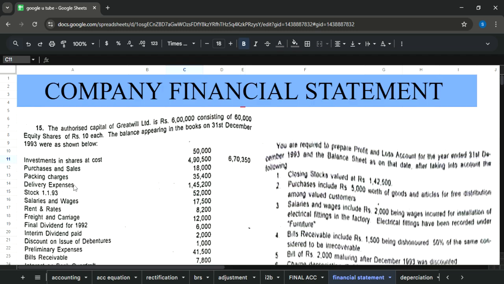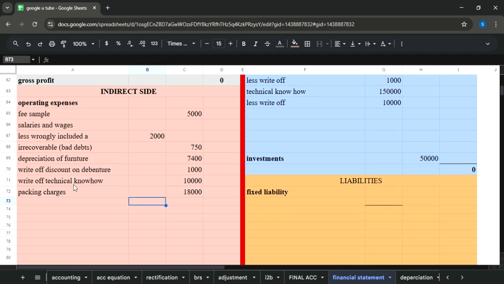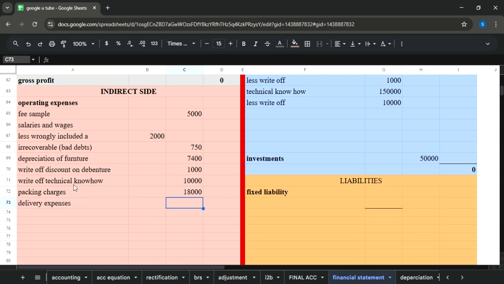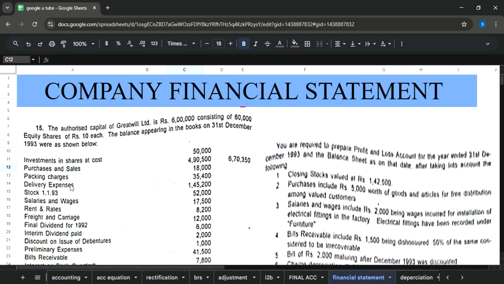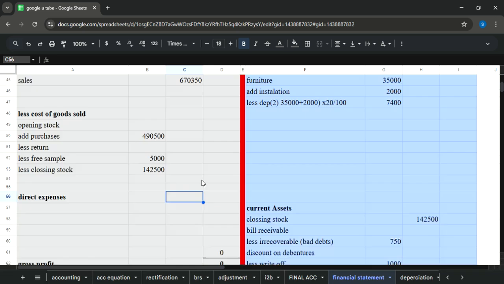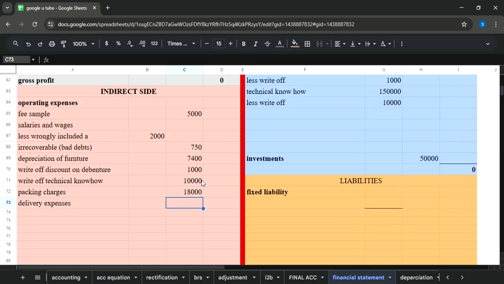After which we have delivery expenses. Again, delivery expenses, post sale expense, that is why we are choosing indirect side. Delivery expenses 35,400, and that would be mentioned in operating expense side, indirect side.